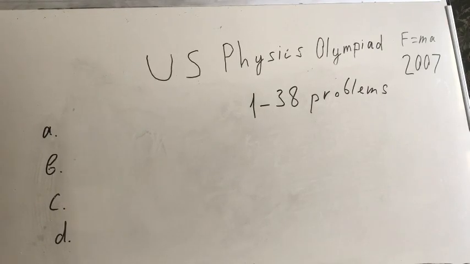Hello everybody. Today we will discuss problems from the US Physics Olympiad 2007. First round, it's called F equal ma. There will be 38 problems, not very hard, I would say middle level problems.